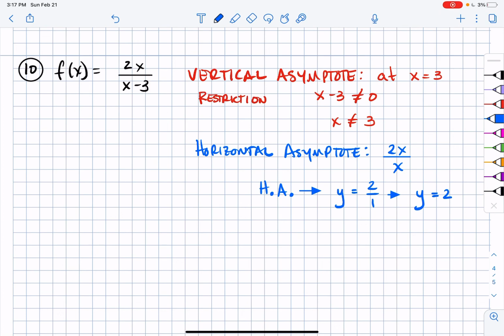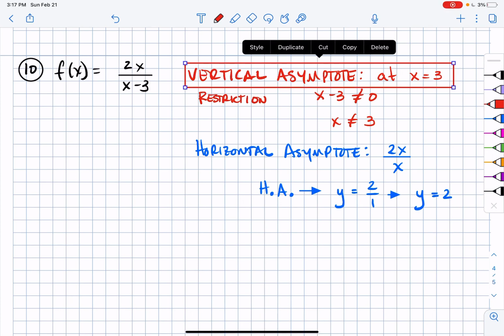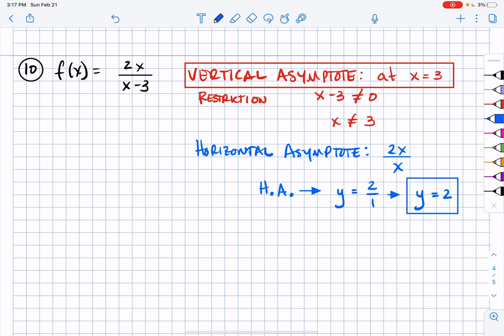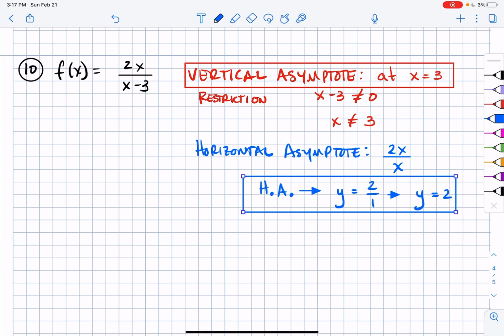Sometimes I will cut down to one choice, but sometimes it will cut it down to two choices, possibly. But at least I have my vertical asymptote and my horizontal asymptote, right? So this is very important here. I should probably spread this all the way here, and this is really important here, which I should probably spread all the way over here.